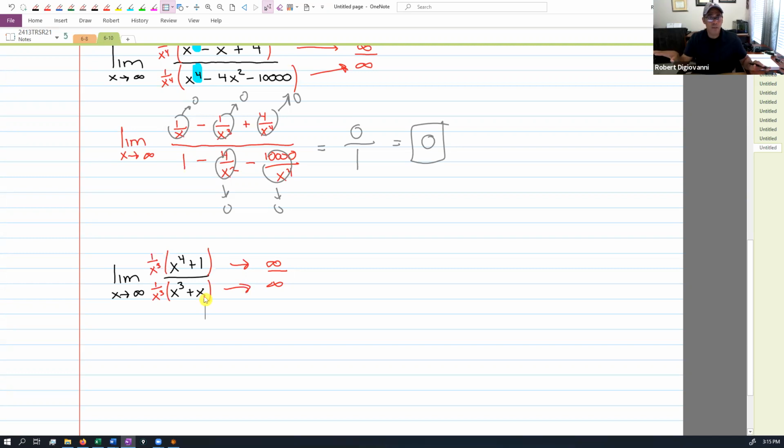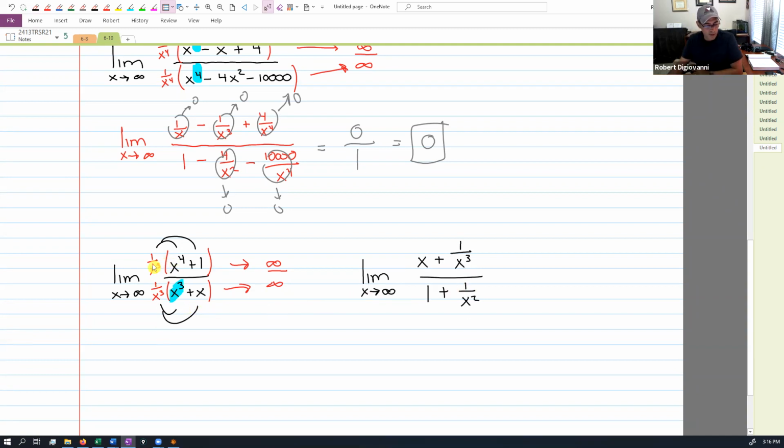There are none. It just means that your graph doesn't flatten out at the edges, which you're about to see why. Because remember, I did the highest power of x on the bottom. So when I distribute through, let's see what we get. Limit as x goes to infinity, we have on top x plus 1 over x cubed, and on the bottom, we have 1 plus 1 over x squared.